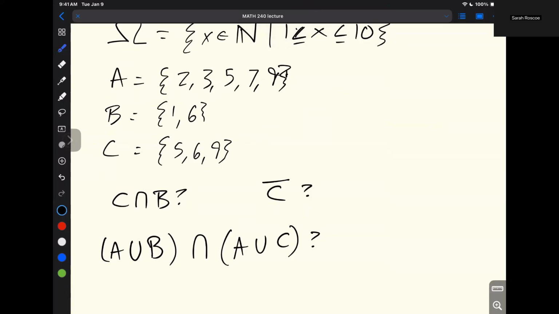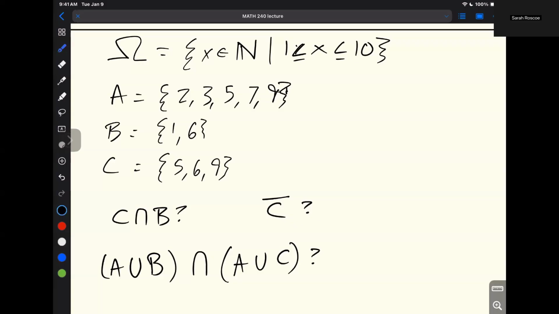All right, once you're done writing that down, turn to your neighbor and talk about it. All right, what's C intersect B? 6. And so how do I write that in set notation? I know the answer is 6. Yeah. And so this is the set containing 6.